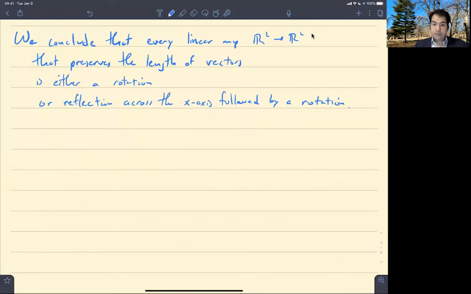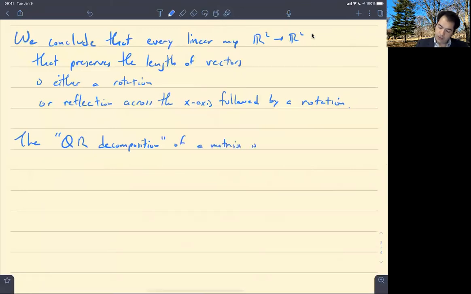Wonderful. So now let's move on to the QR decomposition of a matrix. So here, I'll just say the so-called QR decomposition of a matrix is useful in numerical linear algebra.